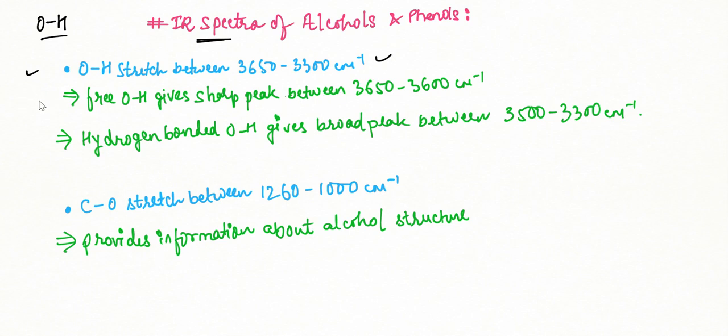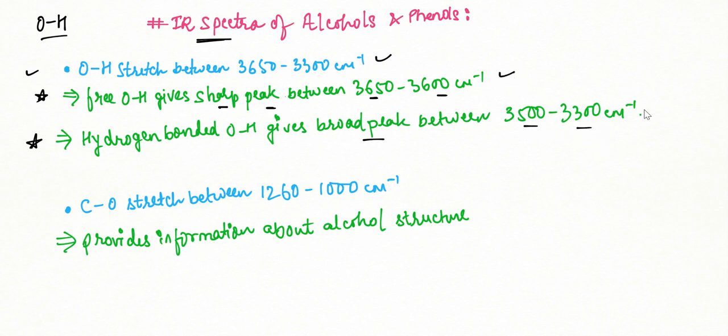What about the characteristics? The free hydroxy OH bond gives a sharp peak between 3650 to 3600 centimeter inverse. We are talking about the free OH bond. However, the hydrogen bonded OH bond gives a broad peak between 3500 to 3300 centimeter inverse.